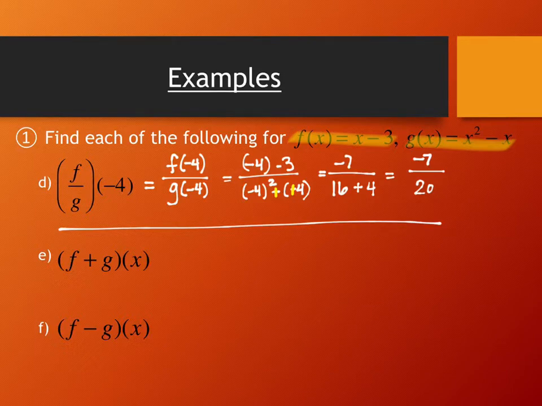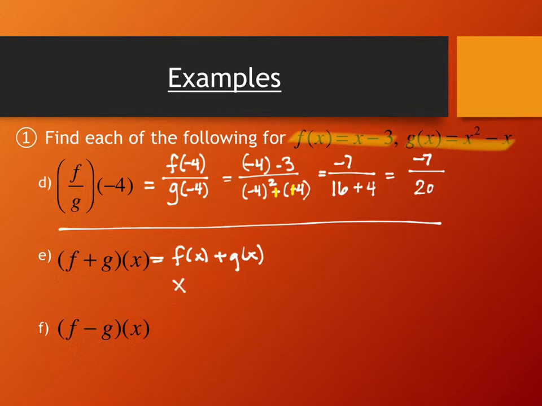Now, when we originally did those first 4 problems, they all had numbers that we plugged in for x, correct? Yeah. But they don't have to. They could say, like part E here says, f plus g of x. That's actually an easier problem. It just means I take the functions exactly like they are, namely f of x and g of x, and I add them.